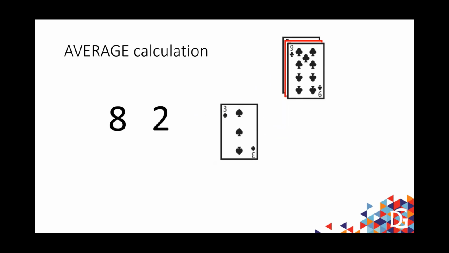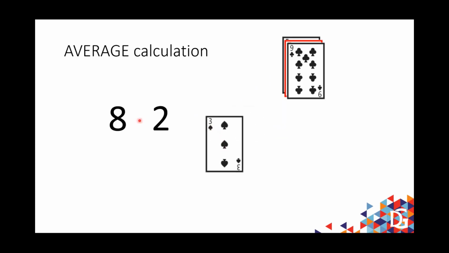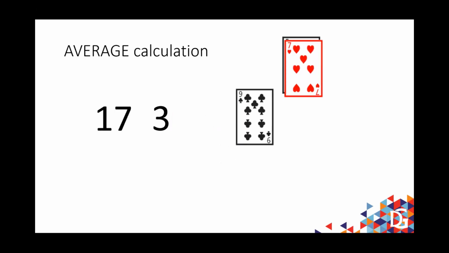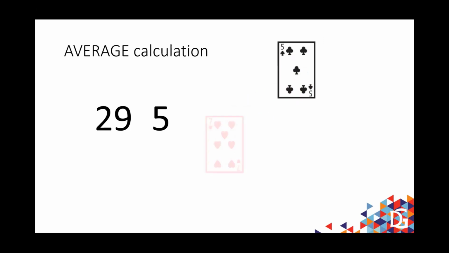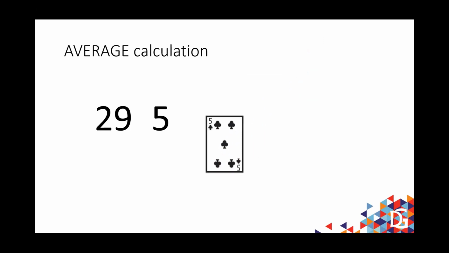Then we draw on the next card. So the 3 value increments our sum-like operation, but we now also keep track of how many cards we've scanned through. And if we go through the 3rd, 4th, and 5th number, we can see that our sum total is, sorry, our sum total is 29, and we read 5 cards.